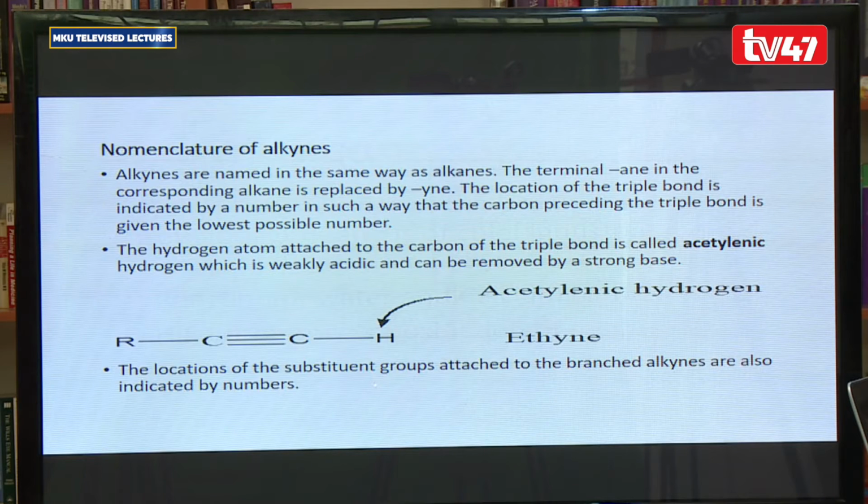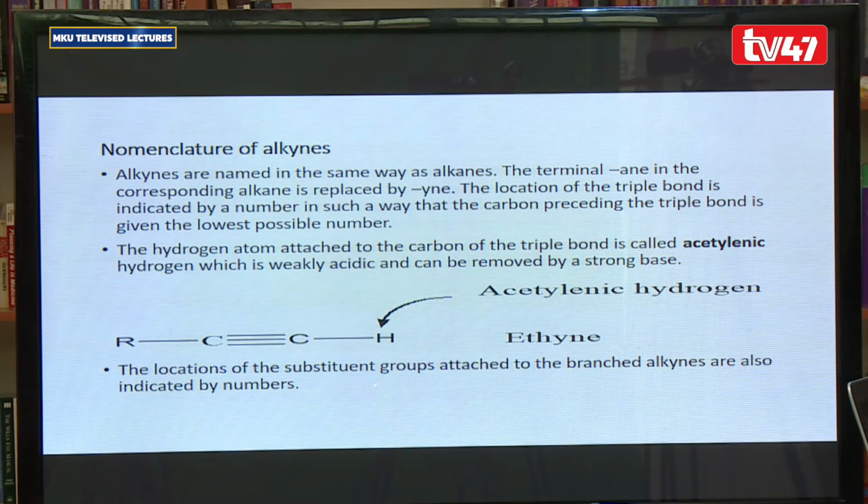Nomenclature of alkynes, that is the naming system. Having looked at nomenclature of alkanes and alkenes, you realize that the naming system is not much different. Generally, we name alkynes the same way we name alkenes, only that we replace the suffix ane for alkanes and ene for alkenes with the suffix yne in the case of alkynes.